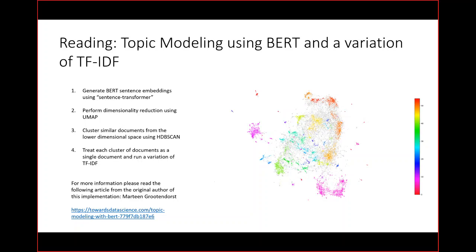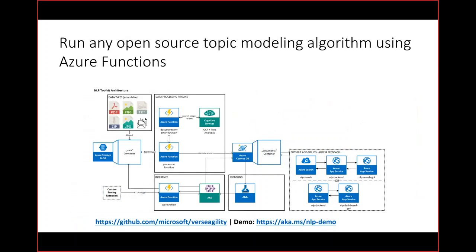And then you can say, okay, give me the top 25 words that are the most relevant to this cluster of documents, and then he treats those 25 words as the identifying terms for that specific topic or for that specific cluster. This is a really interesting approach. Definitely recommend you to check the Towards Data Science blog post on that.